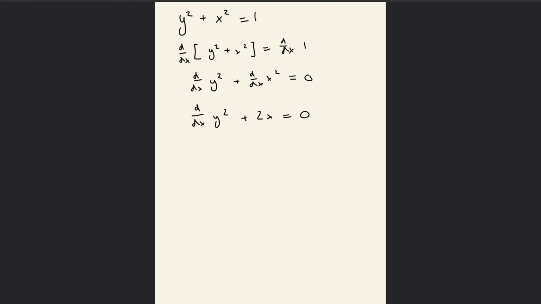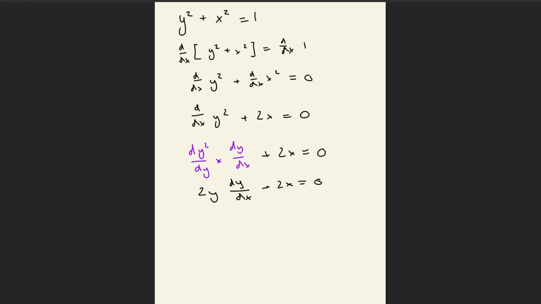d/dx of y squared. Now, this doesn't seem like it's gonna work, so we have to do something with it, and basically what we do is that we say d(y squared)/dy times dy/dx plus whatever expression you have left over. And then what you do is you solve, so it's 2y, and you keep the dy/dx, plus 2x equals 0.